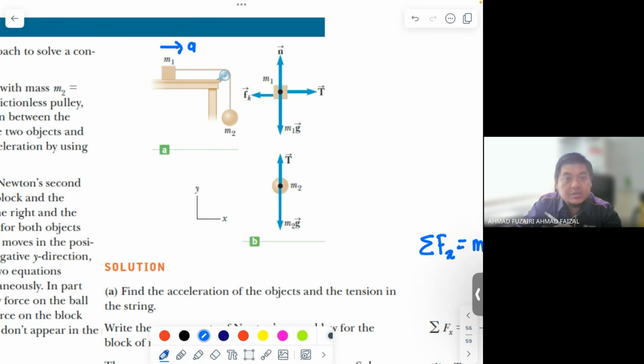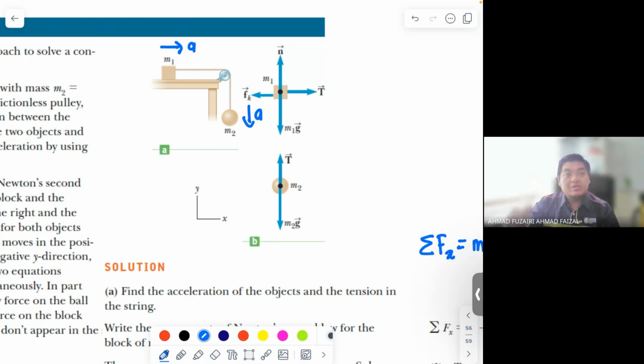The acceleration of m1 points to the right, the positive x, but the acceleration of m2 points downwards.